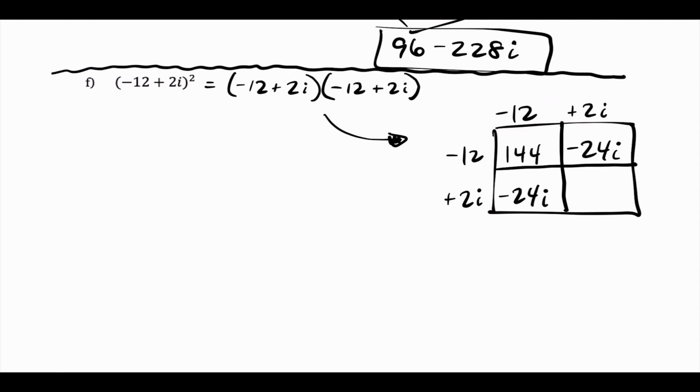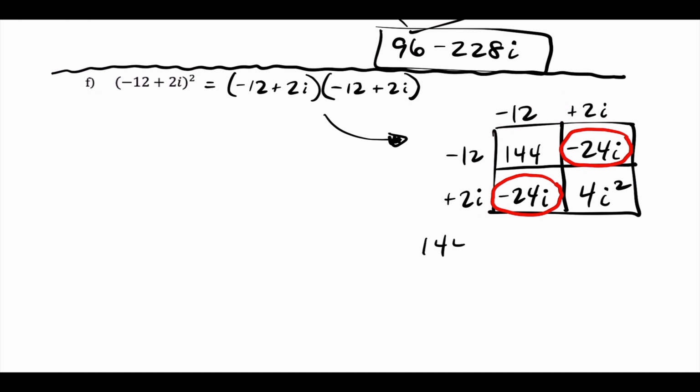You can do this last part, and some people do this last part in their head. It's 2i times 2i, which makes 4i squared, right? But we can't have i squareds. So it's 4i to the second power. What is that going to end up becoming? Negative 4, yeah. So if you can do that in your head, do it in your head. If not, write i squared. These two can be combined since they both are like terms.